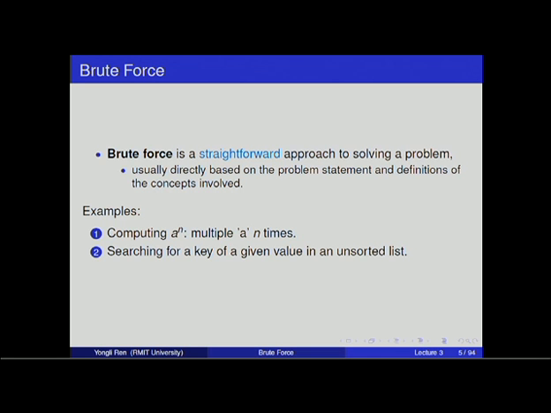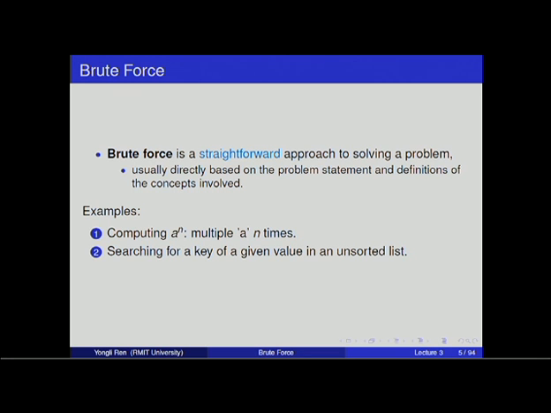So we just code it that way: we implement an algorithm to multiply a, n times, and then we get it. That's the very straightforward definition of a to the power of n. So we do it, and that is what we call brute force. If this one is easy enough to understand, the second one is a bit more difficult.